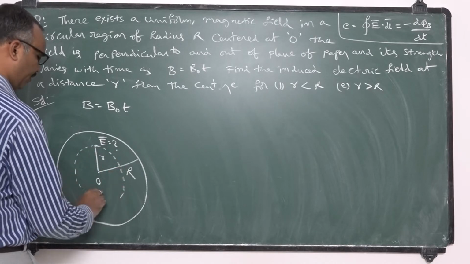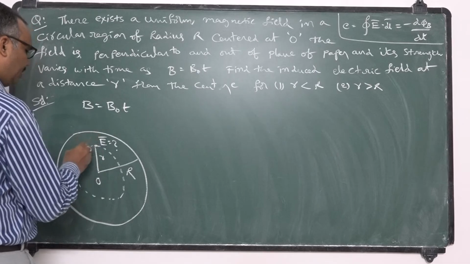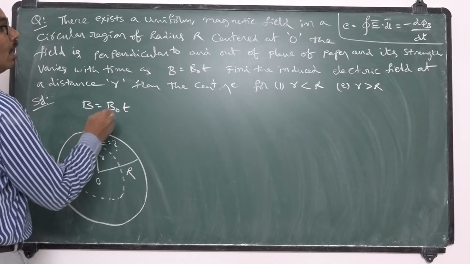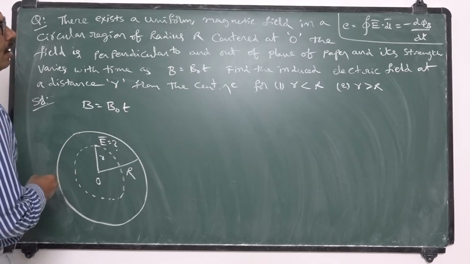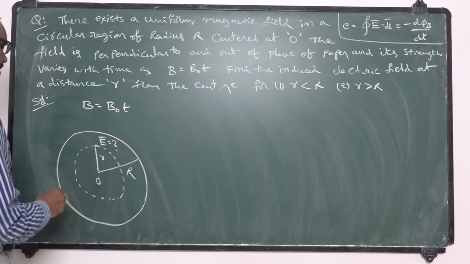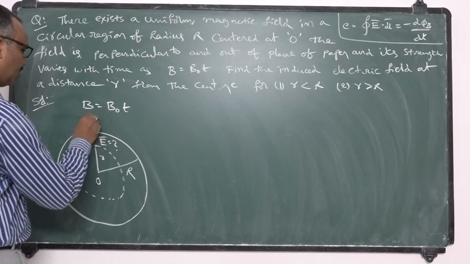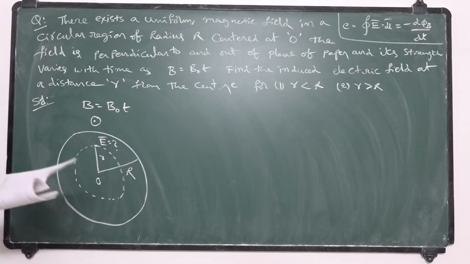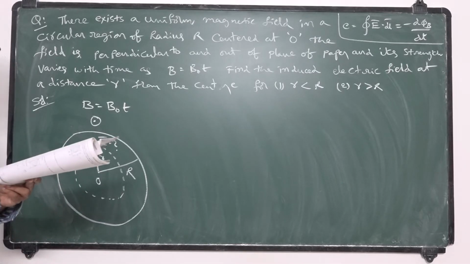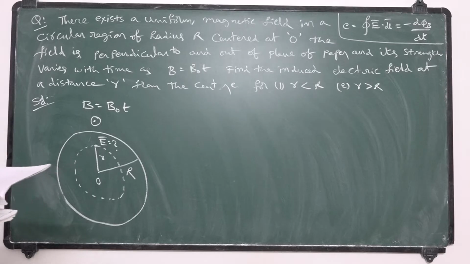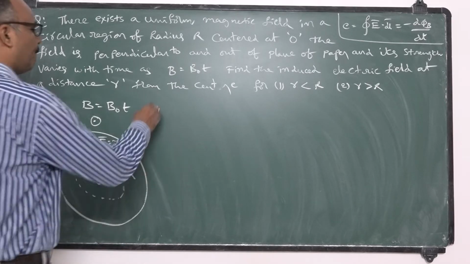Here the magnetic field is out of the plane of the paper, this side. Out of the plane of the paper means it is outside like this. Magnetic field is out of the paper. First let's solve the first case.